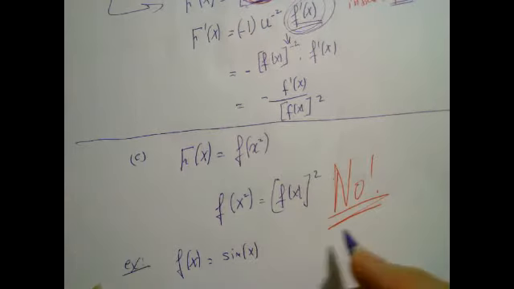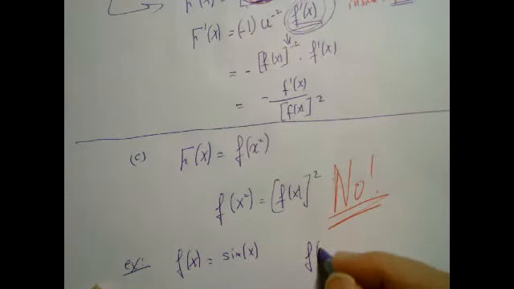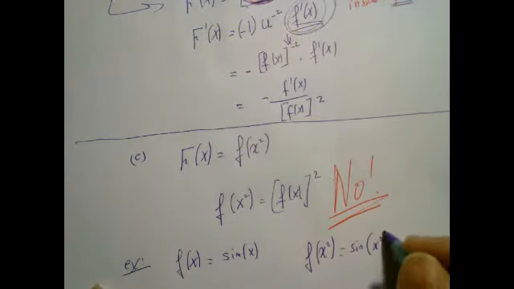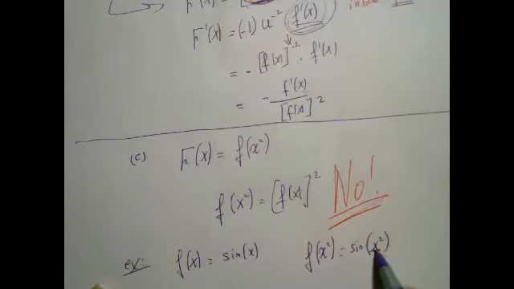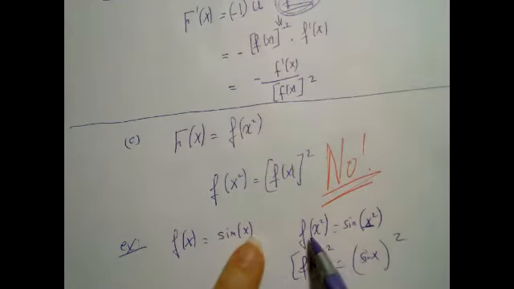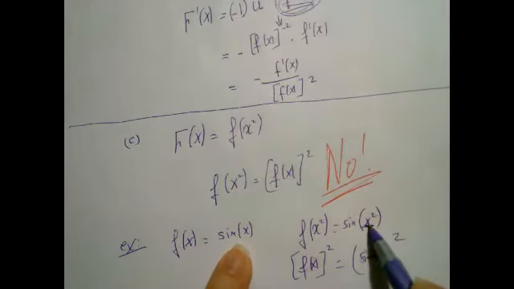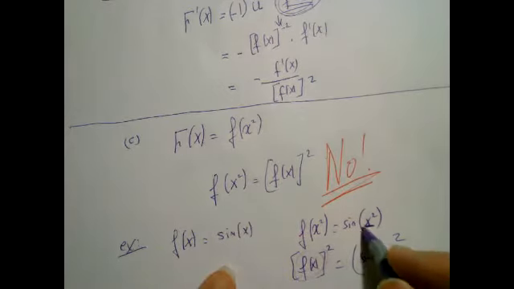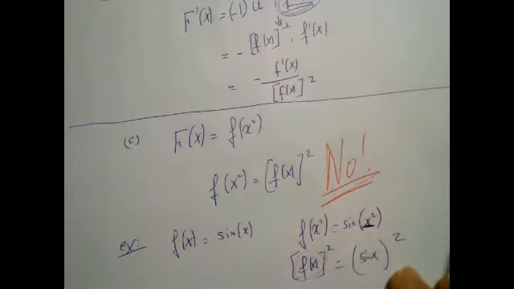Okay, so in this case, f of x squared is the sine of x squared. So what you are squaring is the x. However, f of x squared, what you're squaring is the sine of x. So they're very different. And here is the x which is squared. When you write it this way, it's the whole function that you're squaring. So this is not that. It's just you're squaring the inside when I put f of x squared.